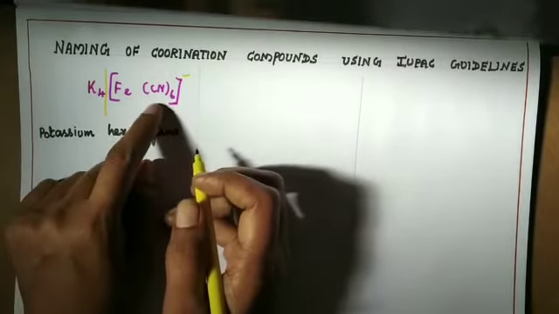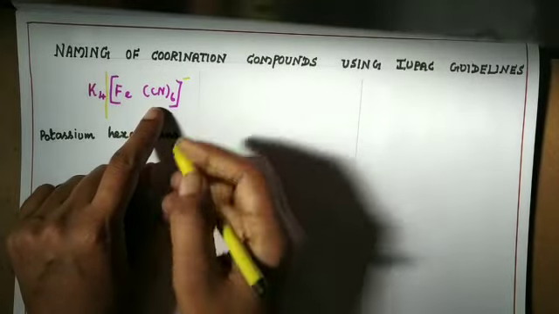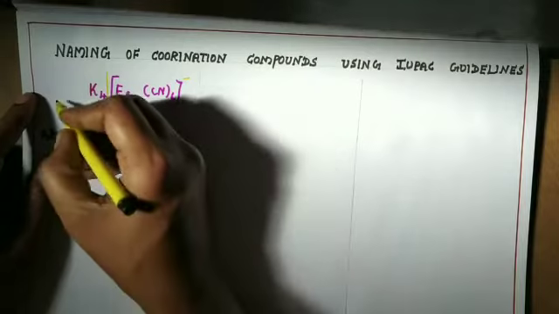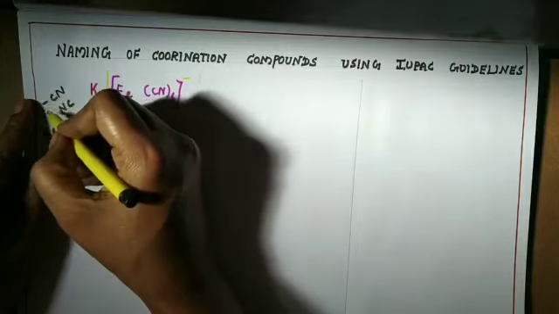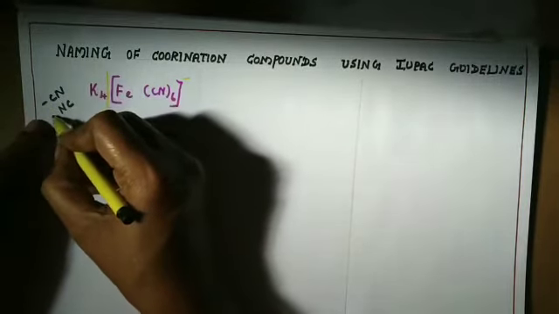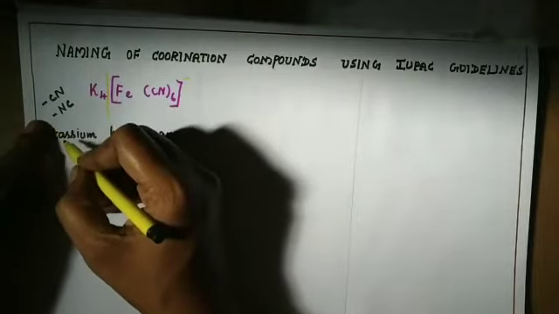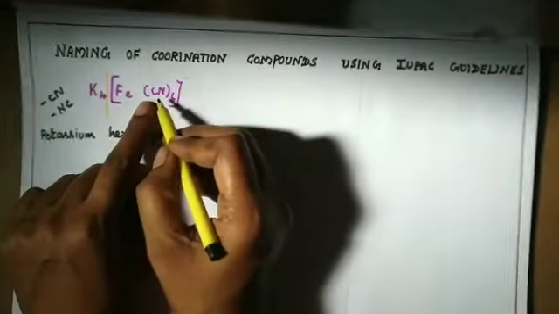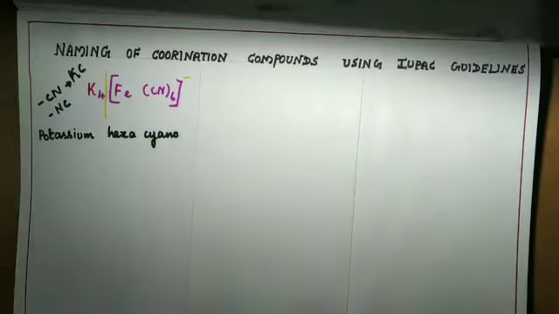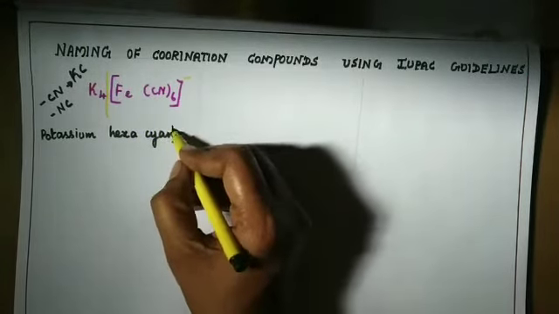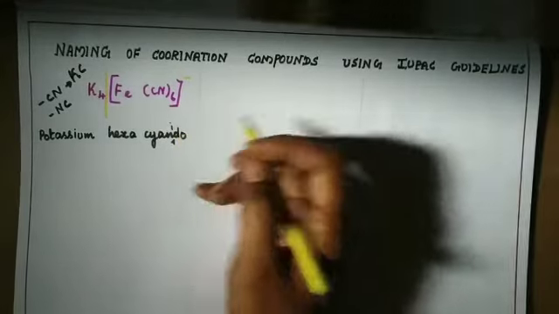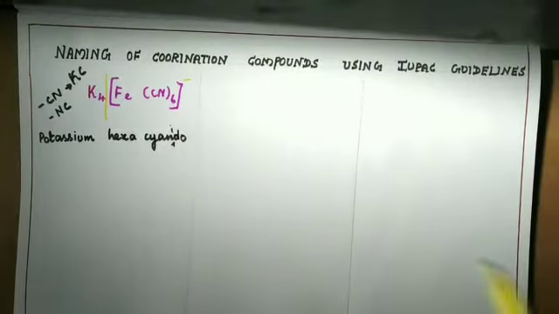And one more thing, this one is an ambidentate ligand. Ambidentate ligand means CN and NC, so it may sometimes bond through carbon and sometimes through nitrogen. Here it is bonded through carbon, so we write kappa C. Sorry, one correction: this is not cyano, this is cyanido.